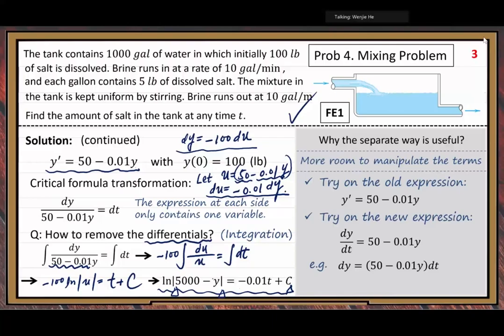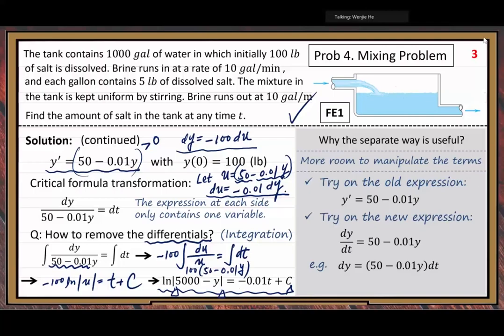Because this 5,000 minus y equals 100 times 50 minus 0.01y. Now we want to see this 50 minus 0.01y is positive or negative. Can we see it from the given question? Can we see this expression should be positive all the time? So let's do here.